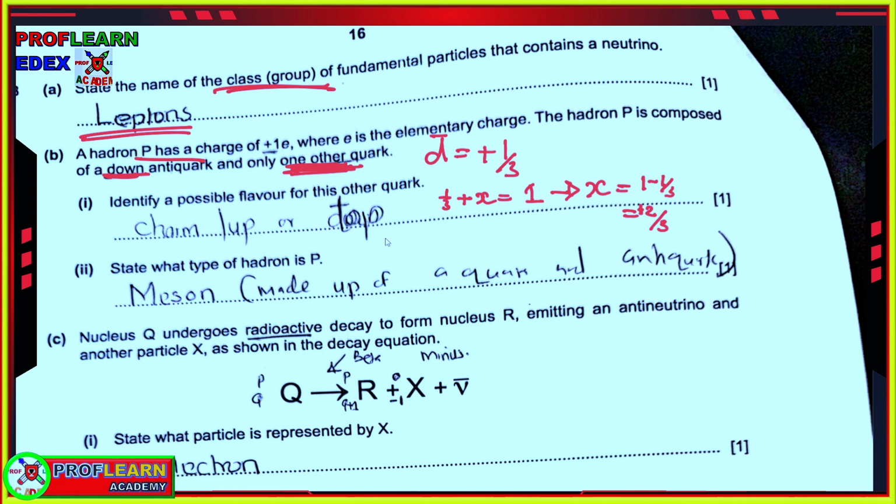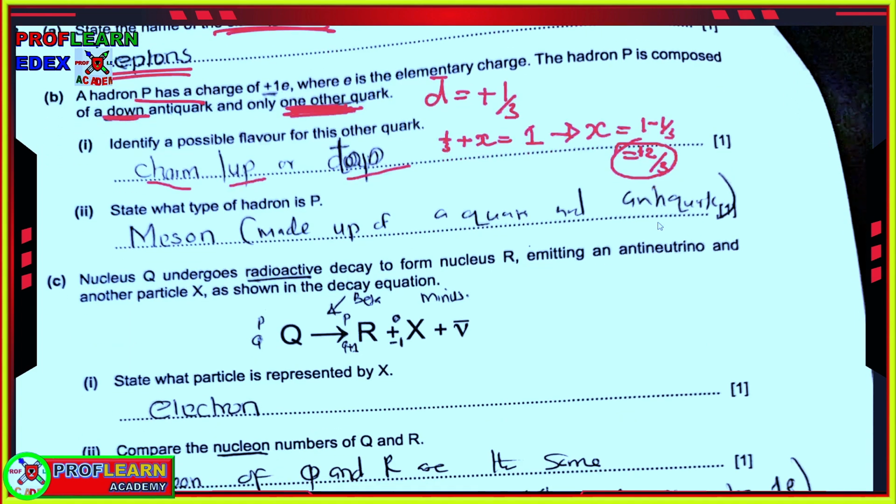An up quark. If you check, you will realize that a particle that has positive 2 over 3 could be an up quark, it could be a charm, or it could be a top. That is why I've selected this, because those are the particles which have the charge that was mentioned at that point.